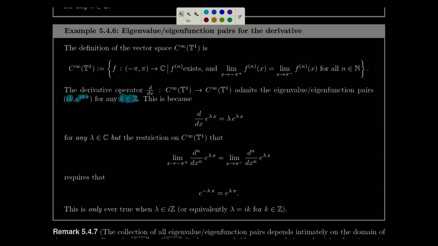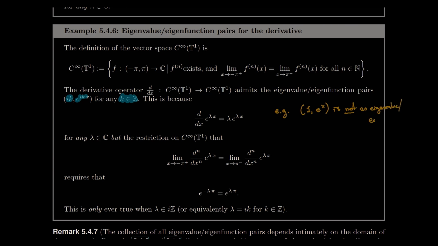So we don't recover, for example, even just 1, e to the x, as an eigenvalue eigenfunction pair. Why isn't 1, e to the x an eigenvalue eigenfunction pair? Because certainly we still have this property, the derivative of e to the x is e to the x. There's a 1 here.